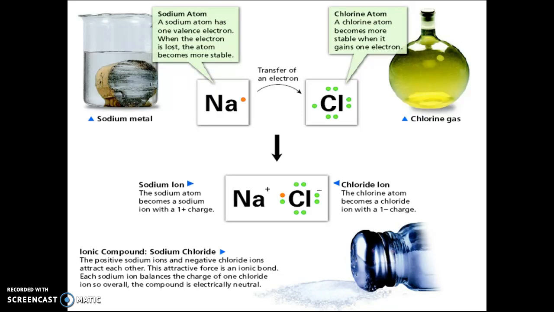Sodium is more than willing to give one up. Chlorine would love to take one. So when sodium loses its electron, it becomes positively charged. Chlorine gains that electron, becomes negatively charged. Now you have a positively charged sodium, a negatively charged chlorine, and opposites attract and they form a bond.